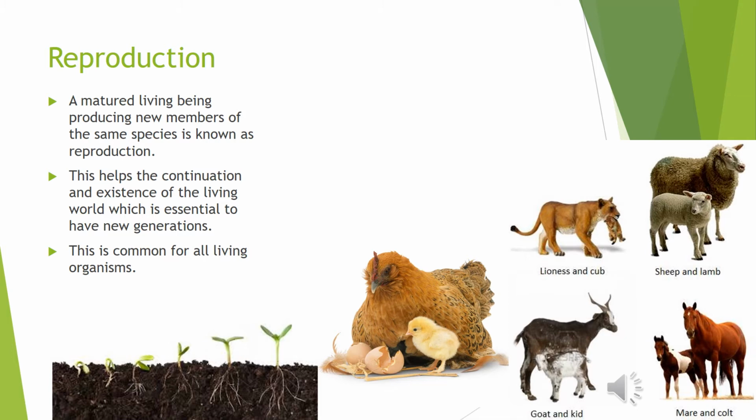That means you have to keep in mind that for your generation to be continued, you need another person to continue your generation, right? So that's why your mother is giving rise to you, and one day if you're a girl, you're giving rise to another baby. Just like that, the generation continues, so the existence of the living species takes place, right? So this is common for all the living organisms.